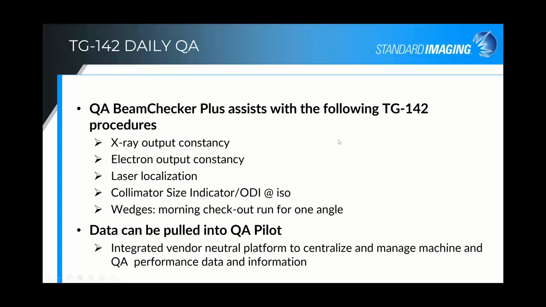And we also have the ability to pull that data right into our QA pilot software, which is our vendor neutral platform for QA management, not only for your QA, but also your library of equipment such as electrometers and ion chambers. All can be storehoused in QA pilot for quick access.